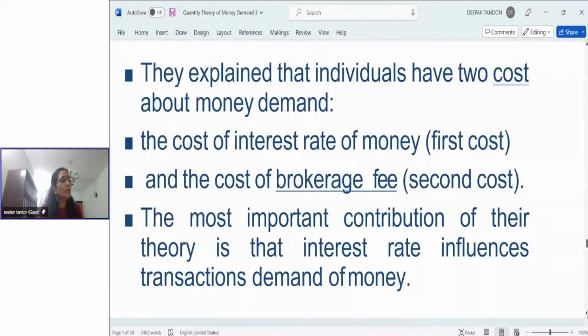Reason being, they never wanted to pile up their inventories, and the cost would have exceeded like anything. So they started making based on the demand. They didn't pile up their cost in terms of inventories. So that is why. So the first cost is the interest rate of money, which you may forego by keeping cash.